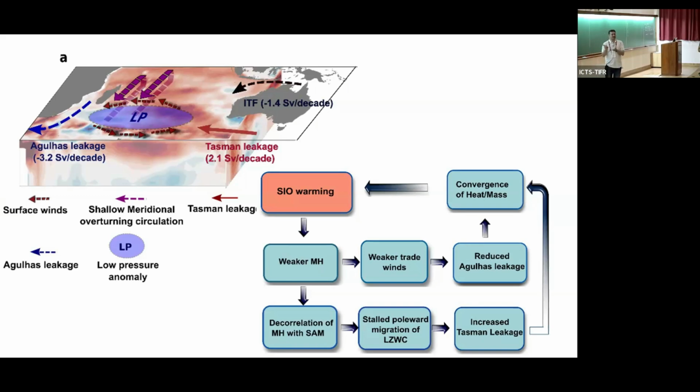It is about 3 Sverdrups if you see the net gain over the last decade, but it is enough to get you a stronger signature in heat content in the upper layer, because most of the flow is happening in the upper layers. Most of the exchanges I'm talking about are in the upper few hundred meters, about 500 or so. So it is basically redistribution among the other basins to the Indian Ocean.